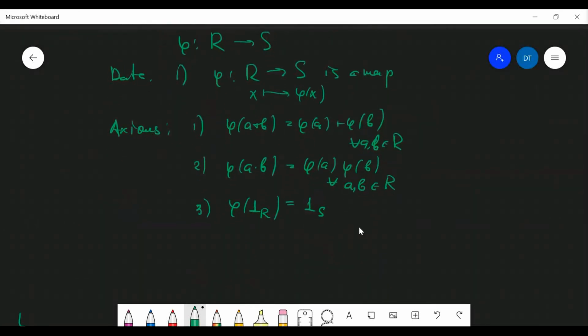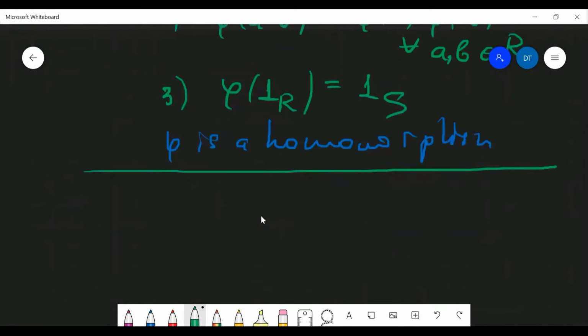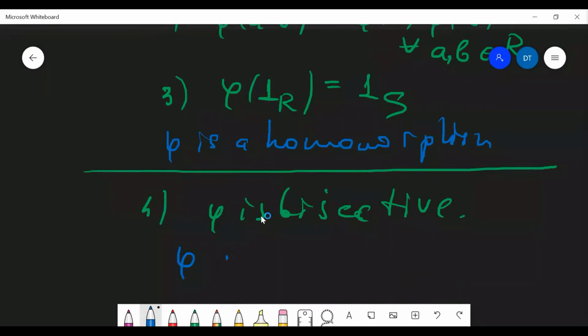So this means that phi is a homomorphism. And if additionally we have a fourth property which says that phi is bijective, then we say that phi is an isomorphism.